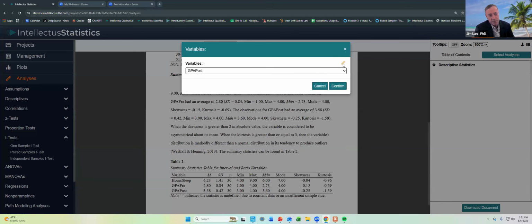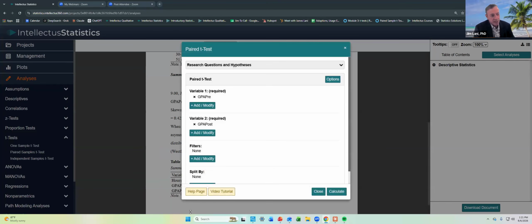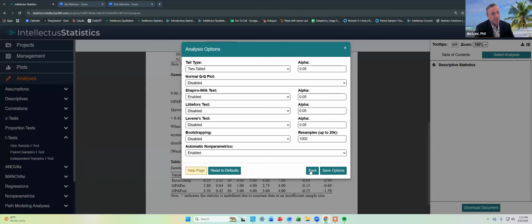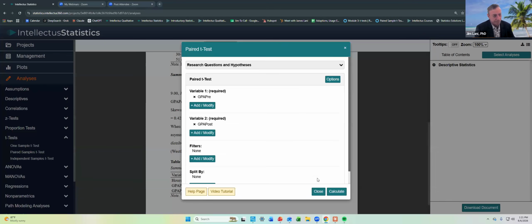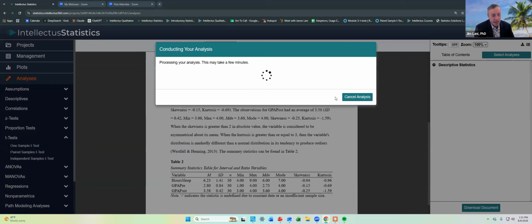Notice that those are scale variables. Notice the video is there. There's additional options to be had, which can be enabled and disabled. So primarily I'm caring about pre to post, okay? And just hit calculate.